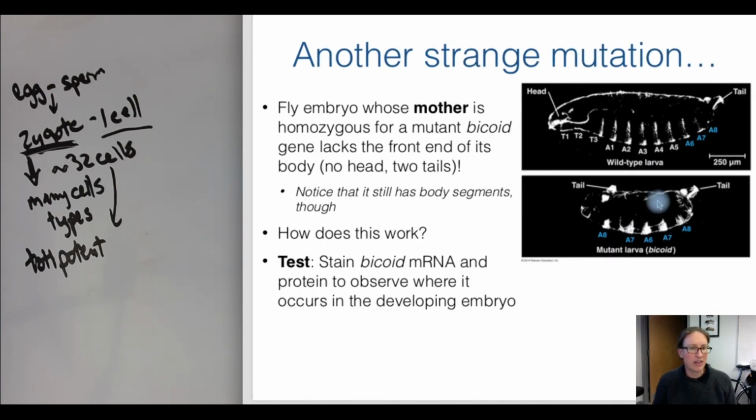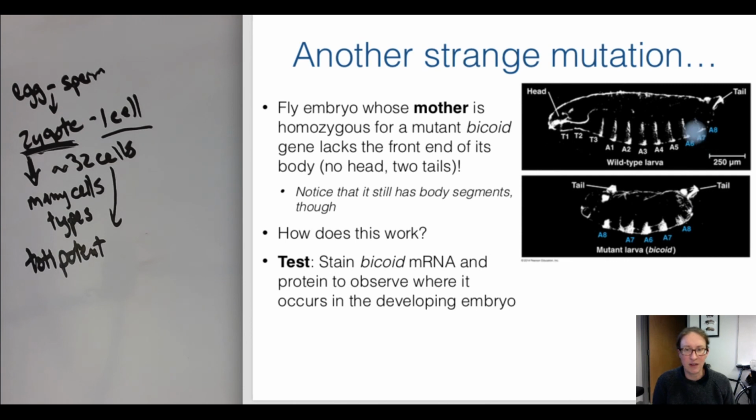One of the other weird mutations that popped up was something that geneticists discovered in the embryo of flies whose mothers are homozygous for a particular gene called the bicoid gene. And so when a fly's mom has a mutation for this, and she's homozygous recessive for this mutant gene, then that fly embryo doesn't develop properly.